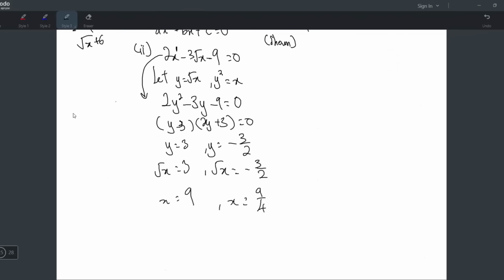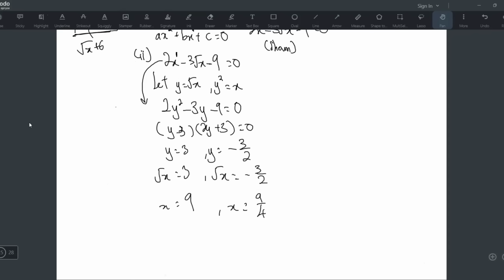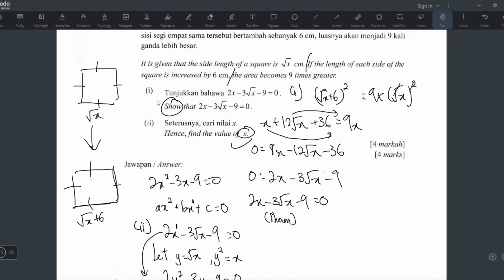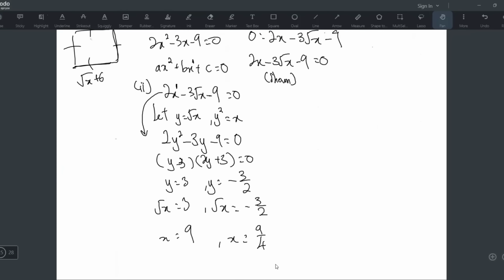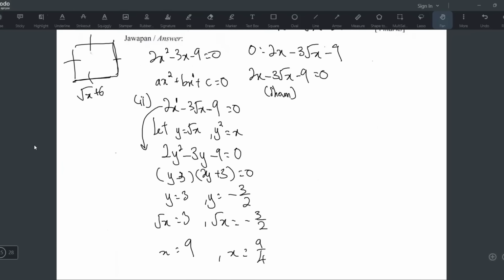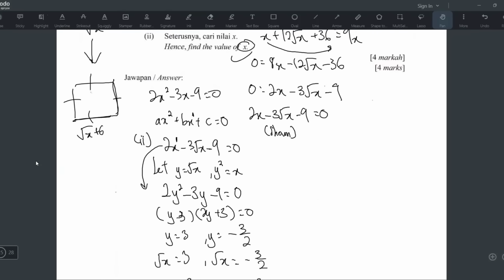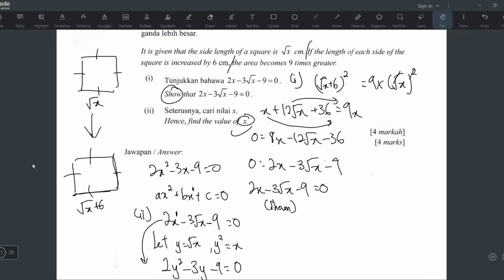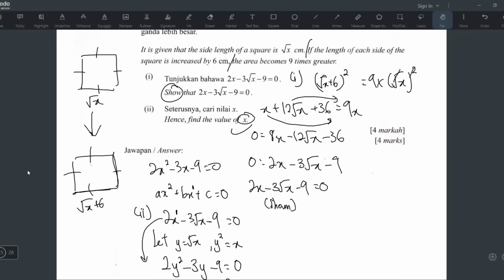Okay, whenever I get two answers, we always have to check whether we have to take both answers or reject one. So let's scroll up and see. Find value of x. Wait, but the x is the side of the square, right? So imagine if your x is 9 over 4. Can or not? It can also, right? So does that mean we have to take both answers? Negative 3 over 2 squared.